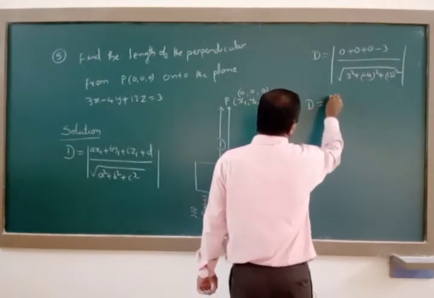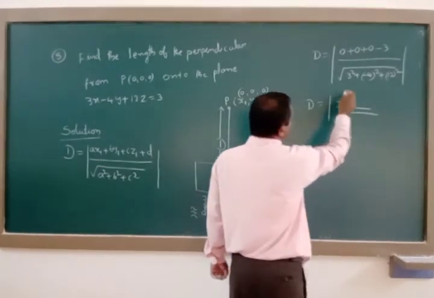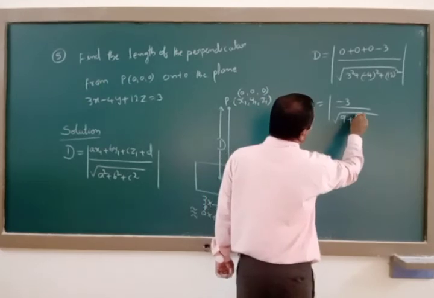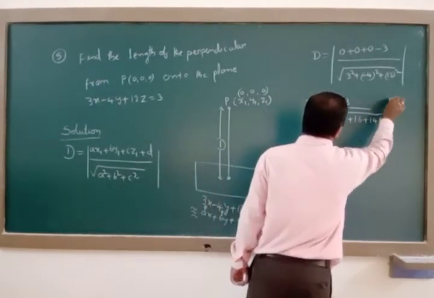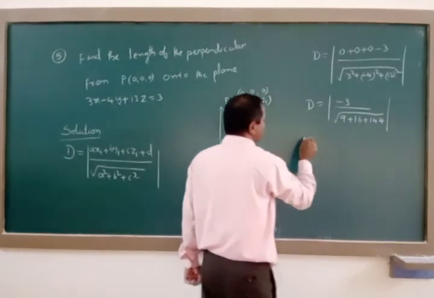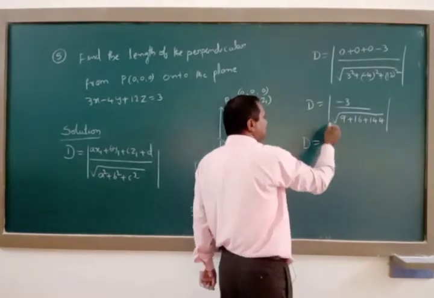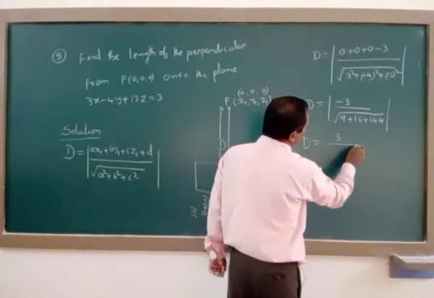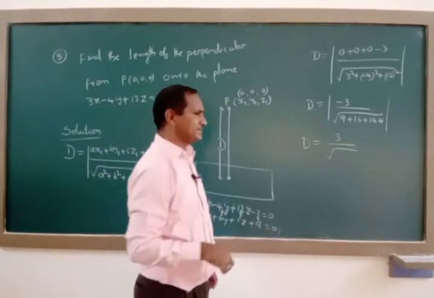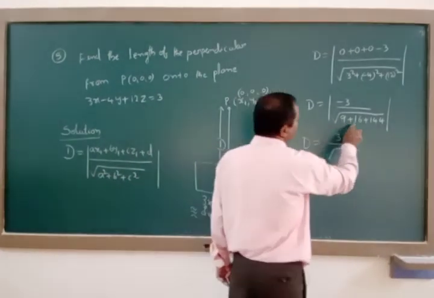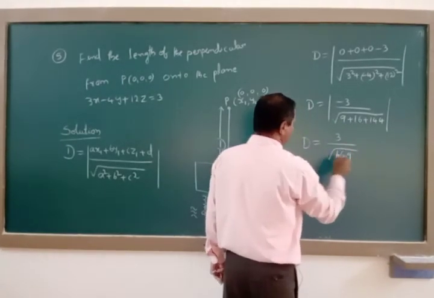D is equal to modulus of minus 3, whole divided by square root of 3 square means 9, plus minus 4 squared 16, plus 12 square means 144. Under the modulus, we can consider it as positive 3, whole divided by square root of the sum of all this, which gives 169, because 9 plus 16 is 25, and 25 plus 144 is 169.